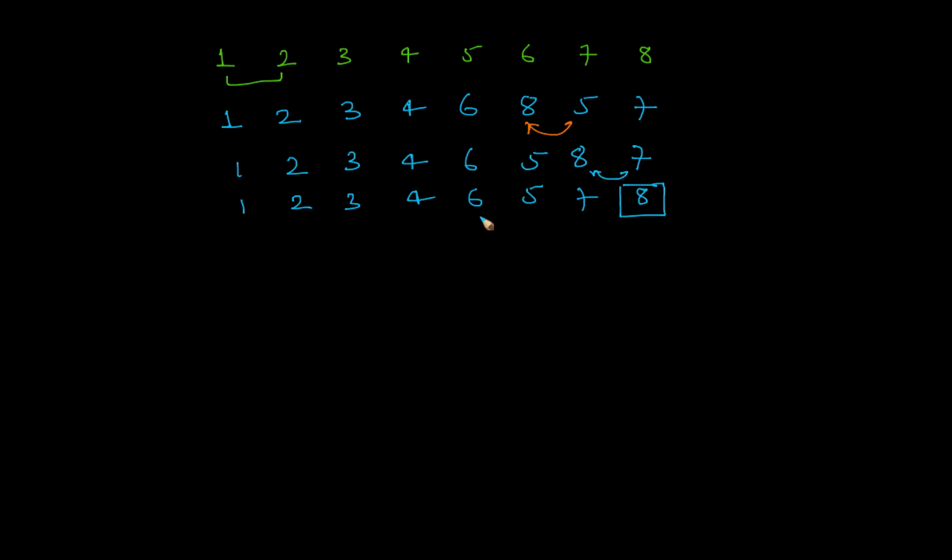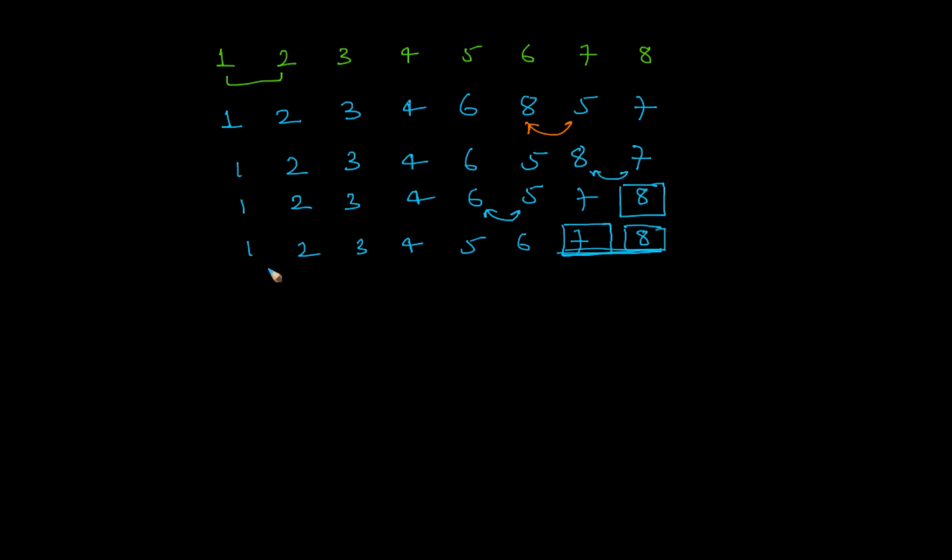This should be swapped, then we will get 1, 2, 3, 4, 5, 6, 7, and here 8 is already fixed, not a problem. 6 is smaller than 7, so nothing to do. Whatever element comes to the final end is the final element. So these two are settled. Now we have to do the algorithm again for the rest.